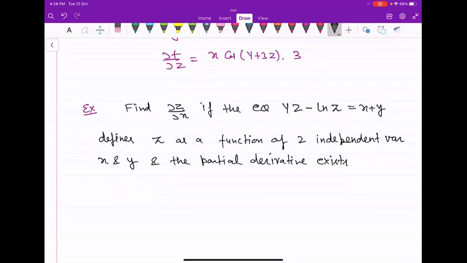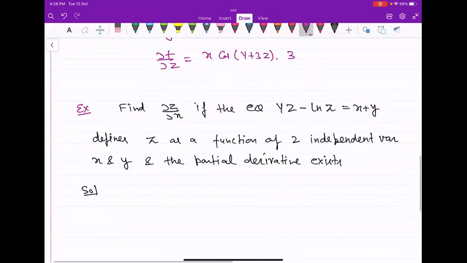The function is given here; z is the function of two variables x and y. Here x and y are given as independent variables.